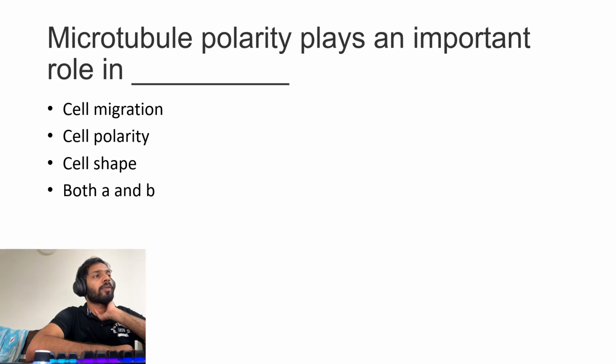So microtubule has polarity, and that polarity is very essential for certain things. What are they? Cell migration, cell polarity, cell shape, or both A and B.